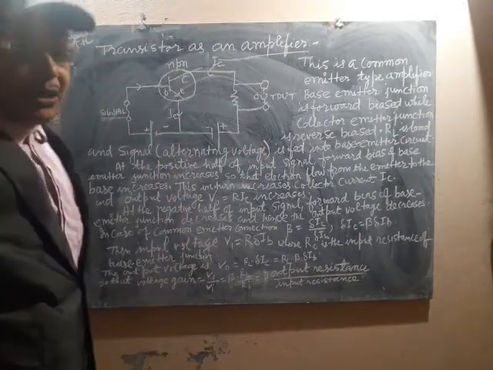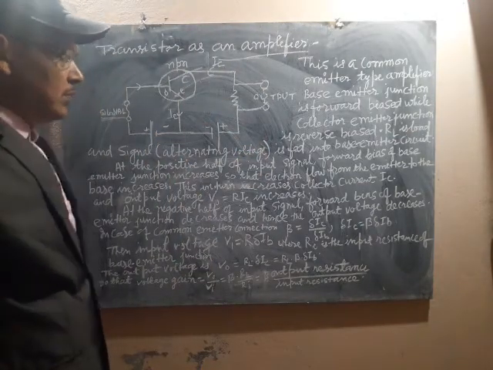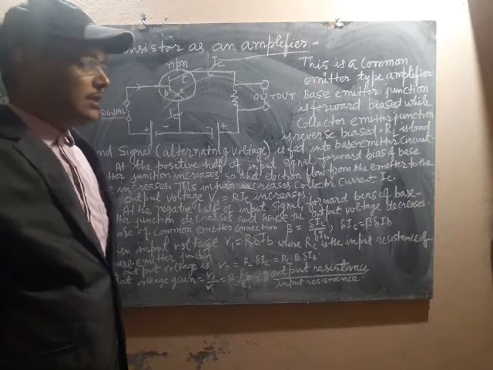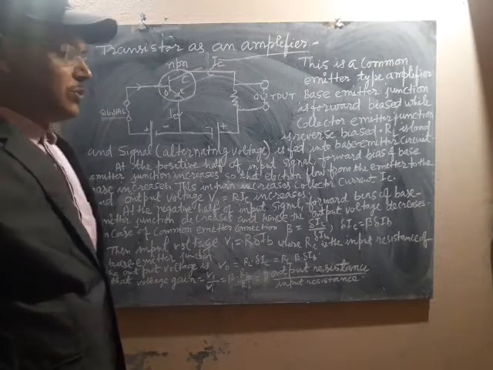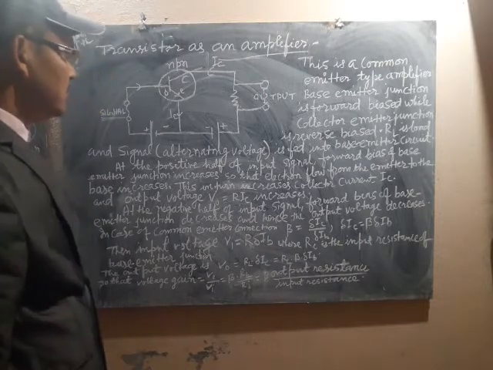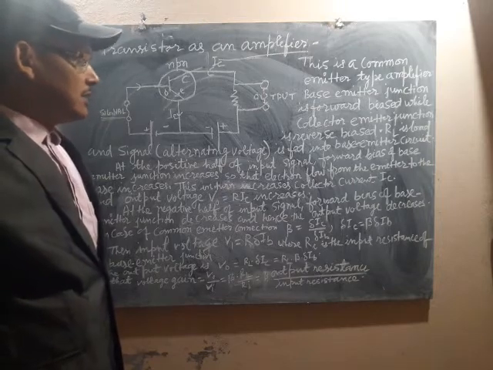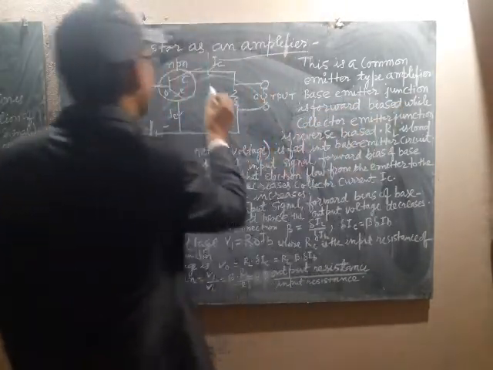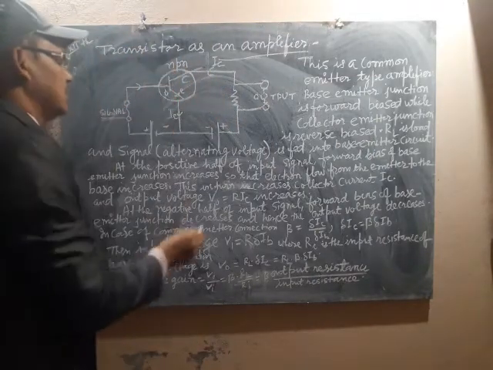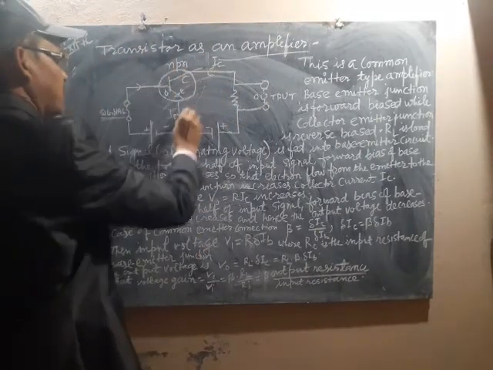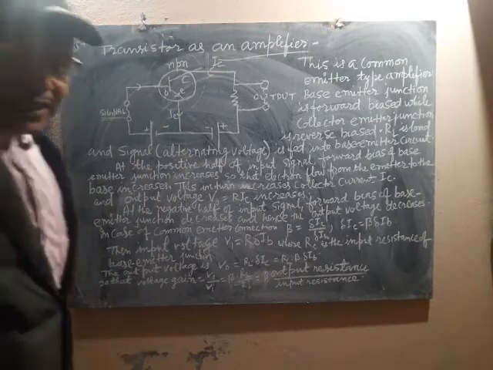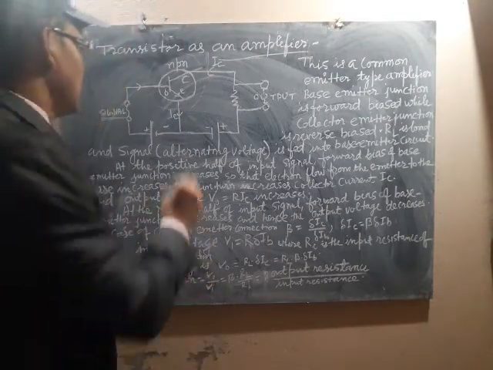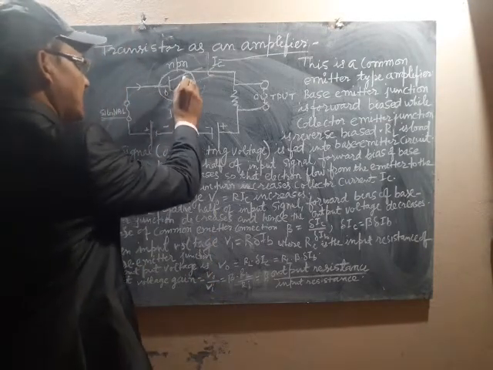What is this? Common emitter. Here you have to understand, because this is a new thing, so take all the things carefully. This is a transistor. You should know that in a transistor there are three poles: base, emitter and collector.